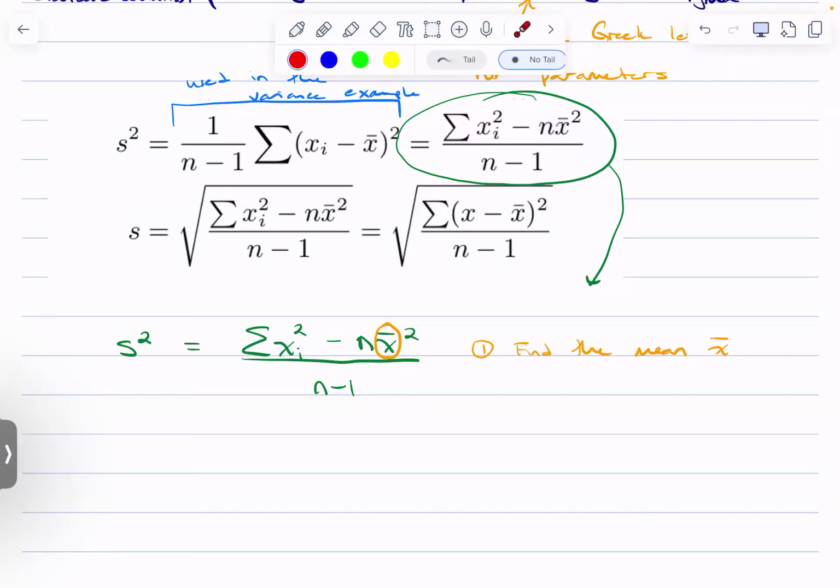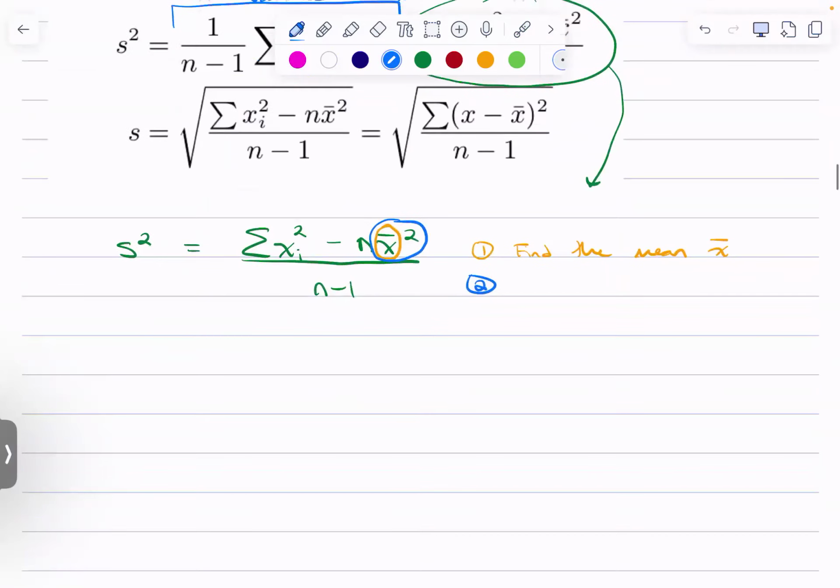And so then, square the mean. Right, so now you're at x bar squared. Notice the square is not on the n. Okay. So then multiply that.